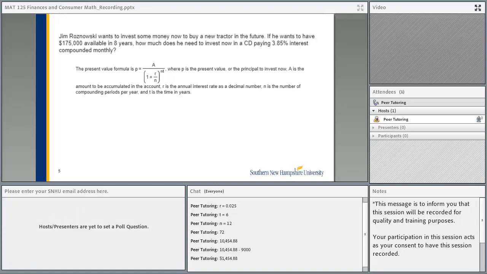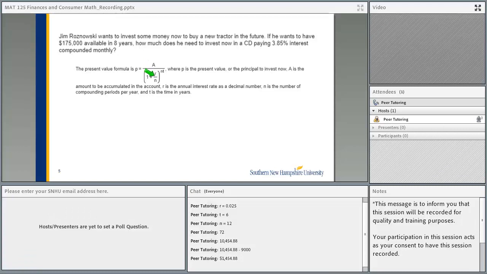So this one's a little bit different, right? This one, we are looking at present value. The formula for this is P is equal to uppercase A divided by 1 plus R over N, all raised to the N times T power. P is the present value, or the principal to invest now.